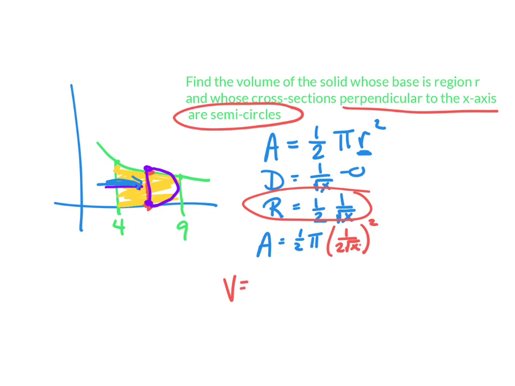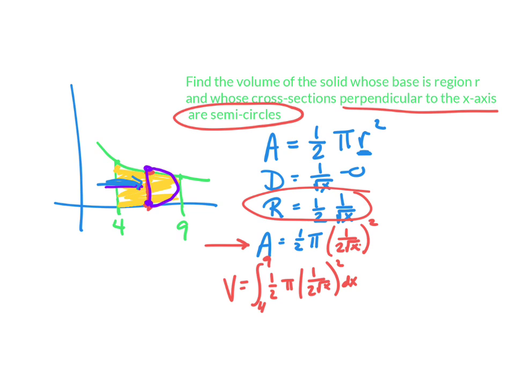So my volume is just the integral of whatever I put for area. So that's 1/2 pi times 1 over 2 radical x squared. And again, that goes from 4 to 9.